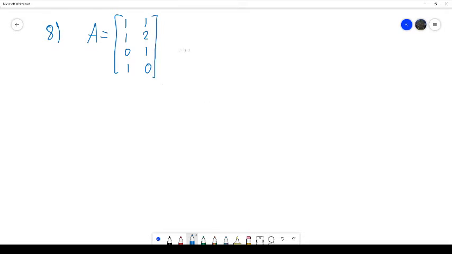Okay, so again, for a Q matrix, we just need the normalized vectors of an orthogonal basis. So again, we have to check to begin with here if these vectors are orthogonal. And in this case, they're not, because the dot product here would be 1 plus 2, so that would be 3. So these are not orthogonal vectors.